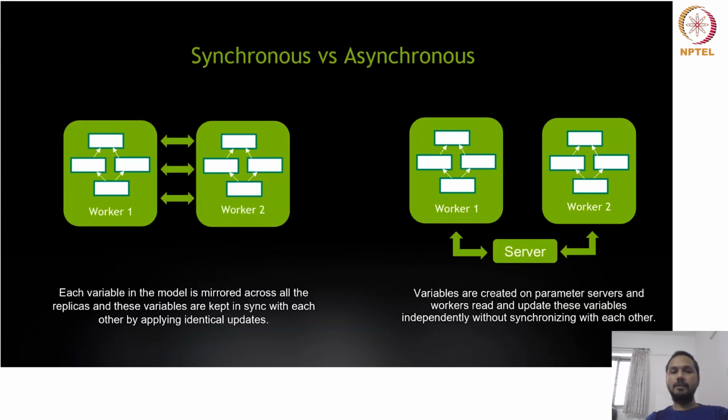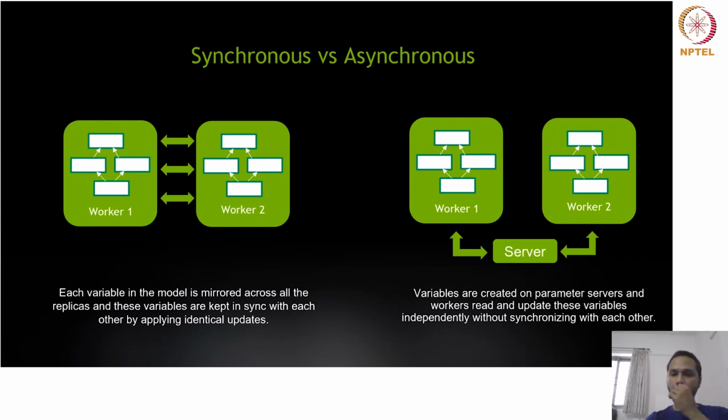The next thing we also said is that no matter what type of parallelism, you can do it either in a synchronous or asynchronous fashion. In the synchronous fashion, each variable in the model is mirrored across all the replicas, and these variables are kept in sync with each other by applying identical updates. So in the case of data parallelism, whenever you are updating the gradients, at every step they get exchanged with each and every worker in a synchronous fashion, and then they continue to the next step.